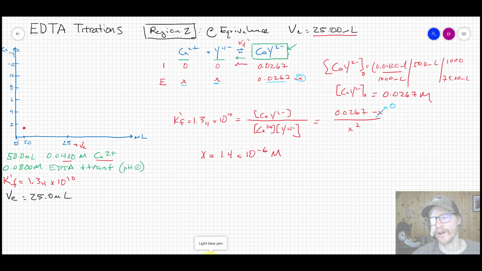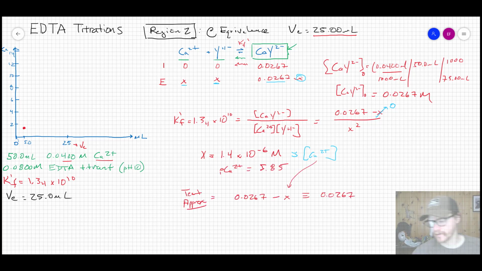So I set that to 0 and solve for x. That gives me an x, which is equal to the calcium concentration, of roughly 1.4 micromolar. Okay, so taking the negative log of that value gives me 5.85.